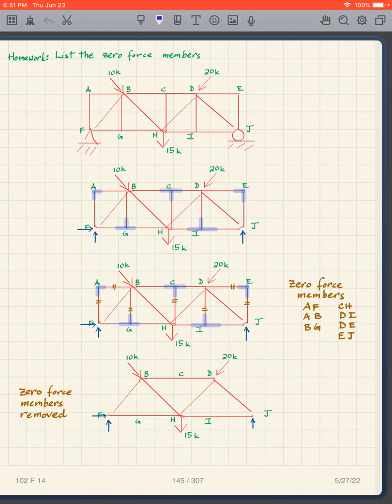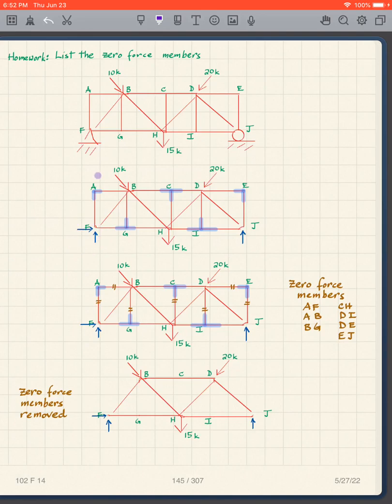Occasionally, one of these can be 0. For instance, if all the external loads are vertical, then that may end up being 0. So if you see an obvious 0 reaction, you should take that into consideration when you draw this. But for the time being, we're just going to show that these exist and their line of action, and we're looking for L's and T's.